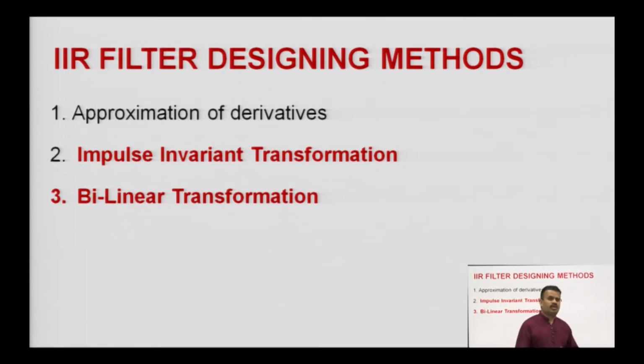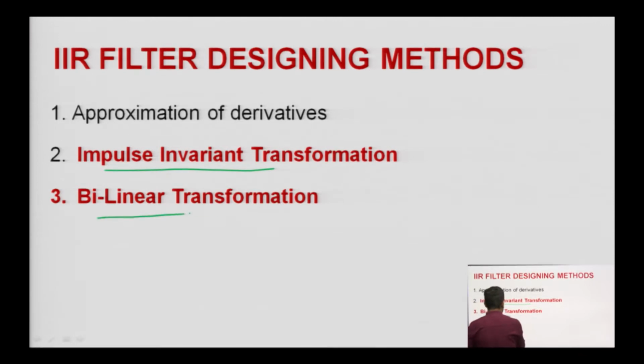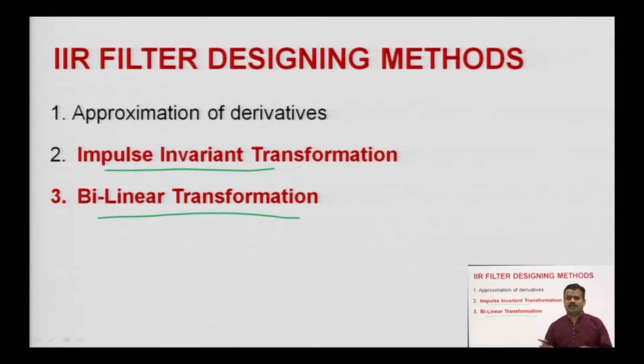I explained the backward difference method, how you convert H(s) into H(z) by simply putting s equal to (1 minus z inverse) upon T. I also told the basic concept of the impulse invariant transformation method, how you design the digital filter in this method, and some overview of the bilinear transformation method. But in this video lecture, I will concentrate on only the impulse invariant transformation method.